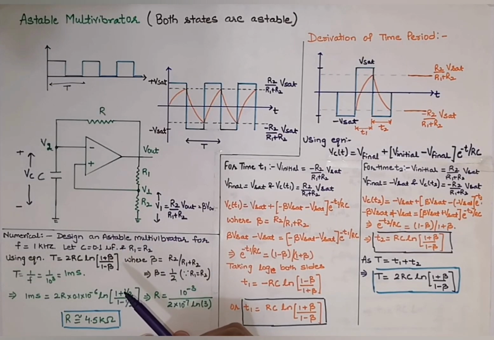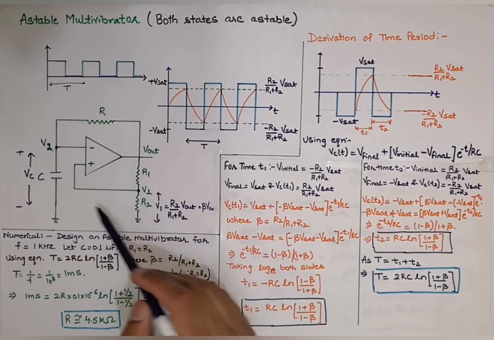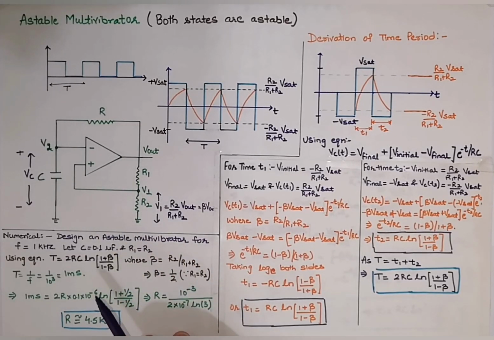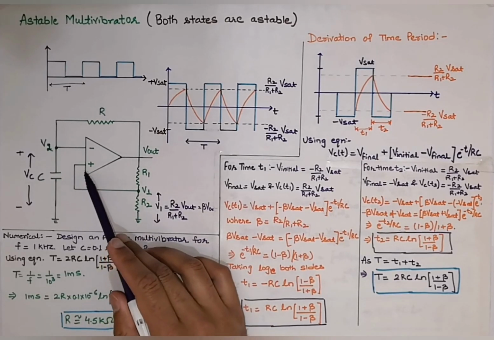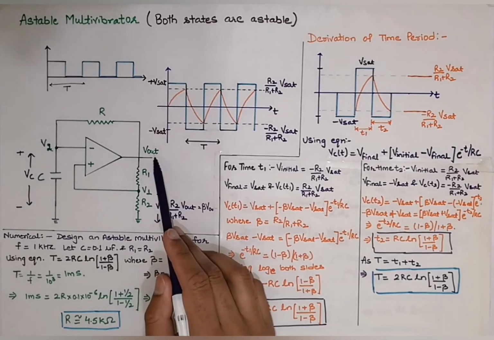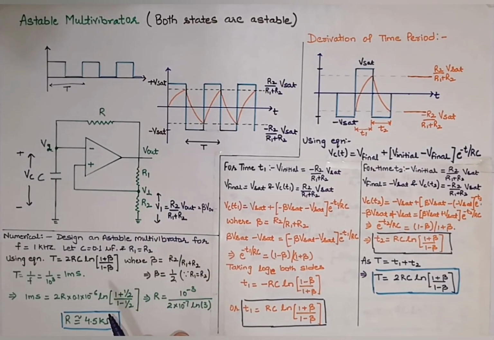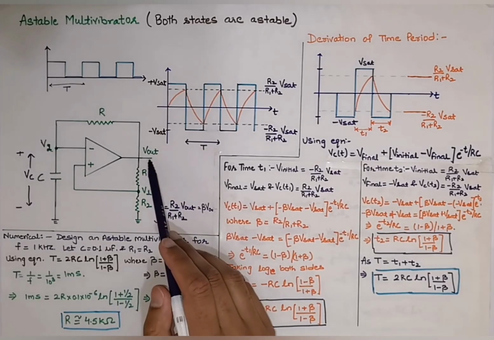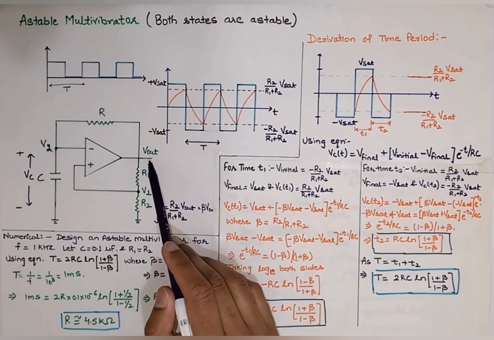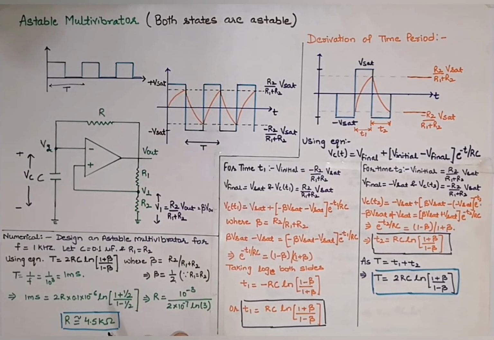Now we have also studied this kind of circuit where positive feedback is applied in the case of the Schmitt trigger, and there we have seen that the input at the non-inverting terminal, V1, will be determined by the output voltage V out. If the gain is very high, then the output will be equal to plus V saturation or minus V saturation.